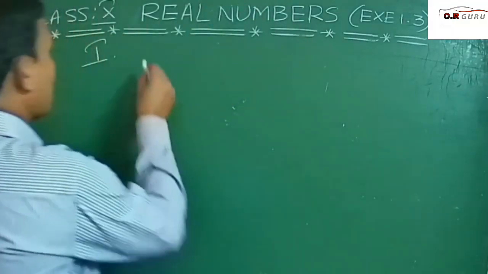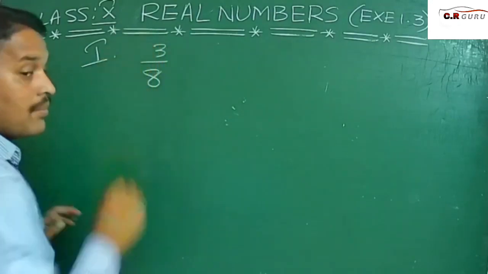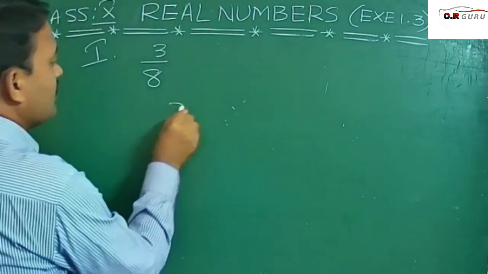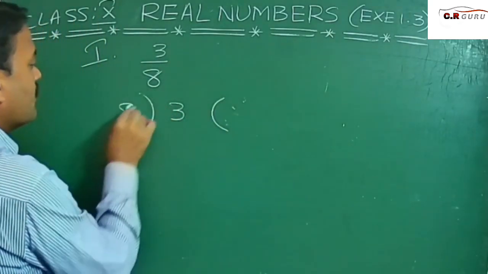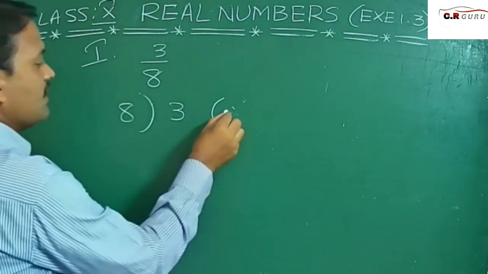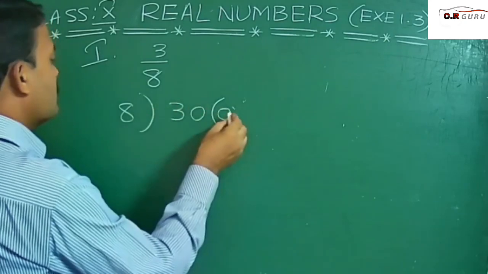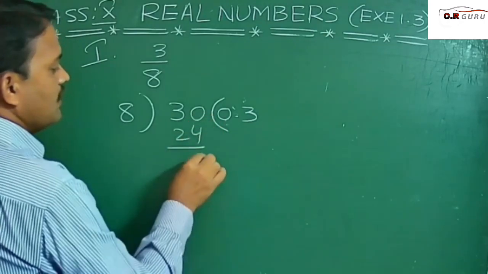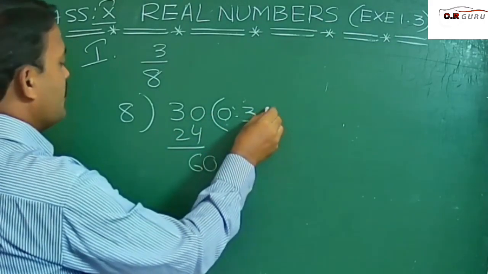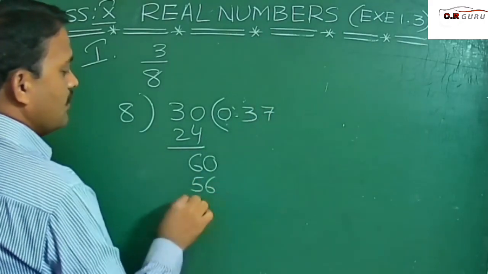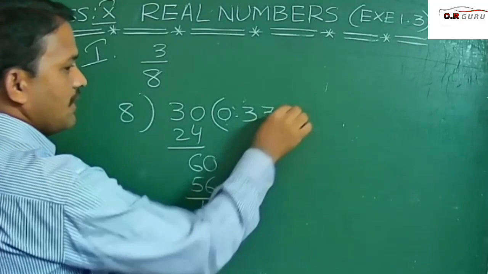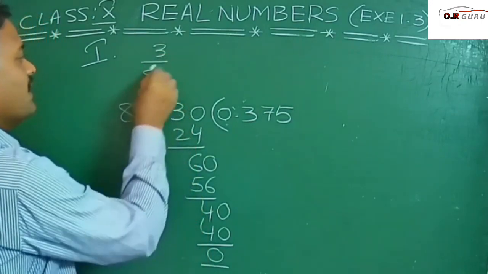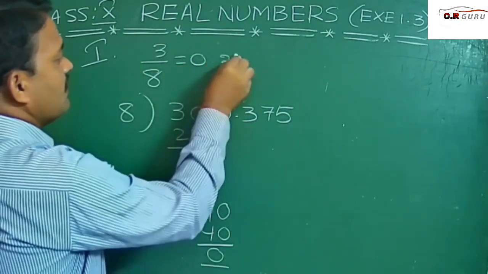The first question is 3 by 8. First of all, 3 is divided by 8. Put a decimal point and a 0 here. 8 threes are 24, then 60, and 8 sevens are 56, then 40, and 8 fives are 40. So the remainder is 0. That's why 3 by 8 equals 0.375.